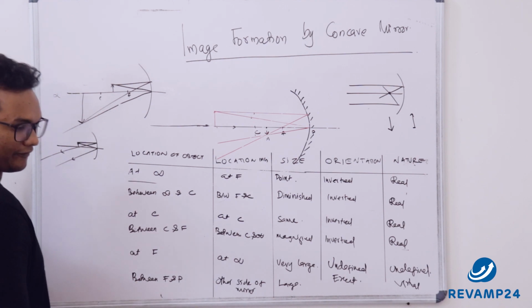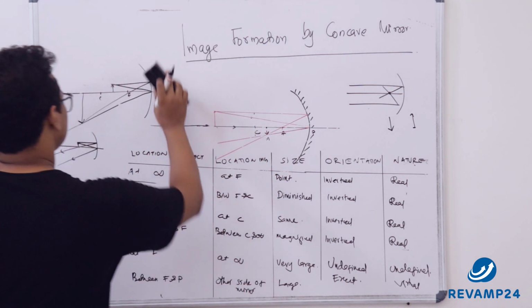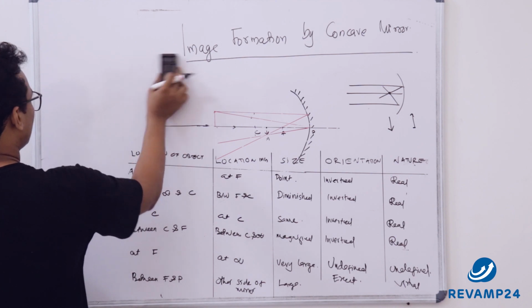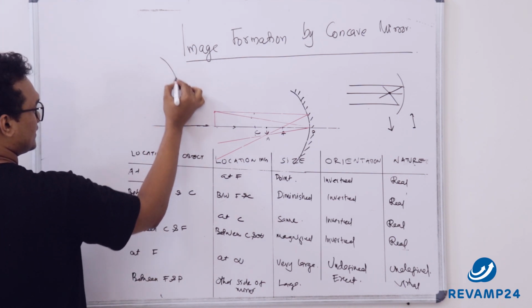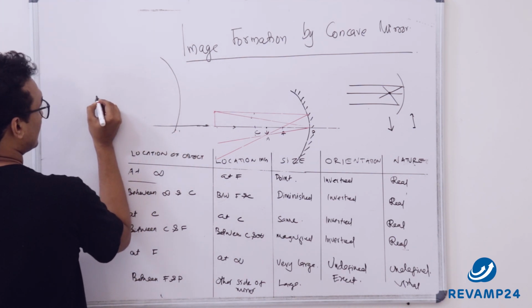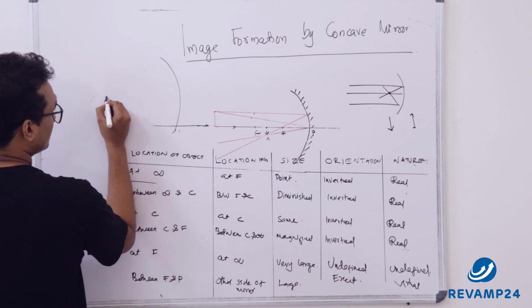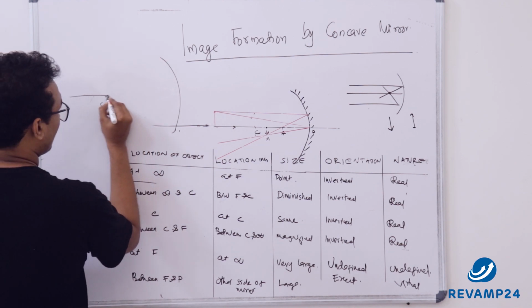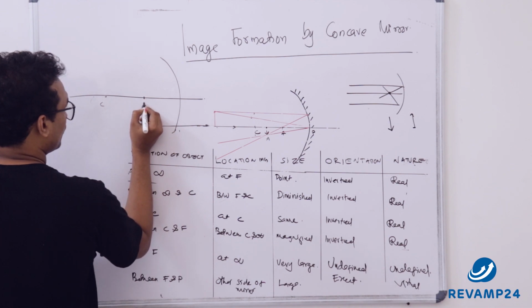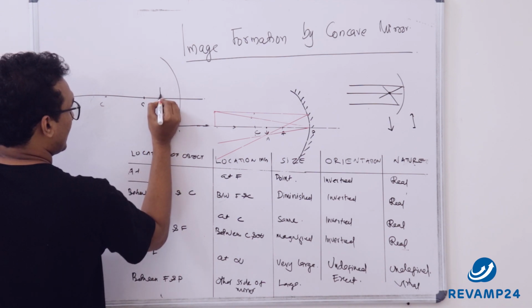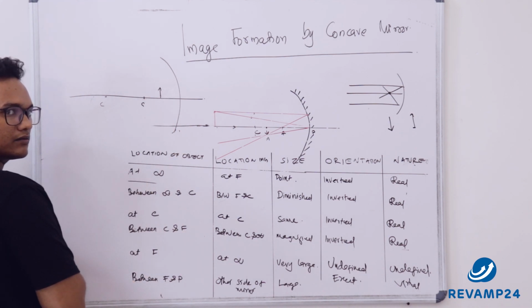Next thing is between F and P. It's very important, between F and P. So let's say this is our mirror and this is my C. C would be here. Okay, so my F would be here. So in between F and P, it would be this case.